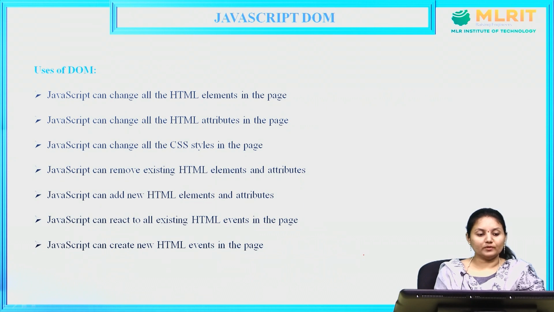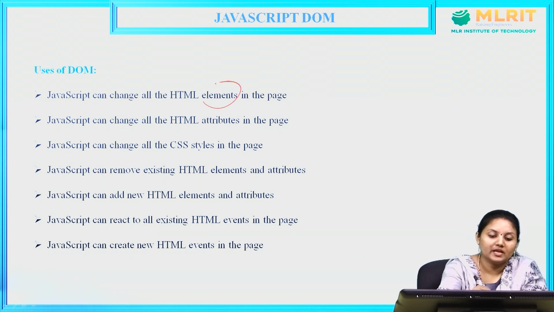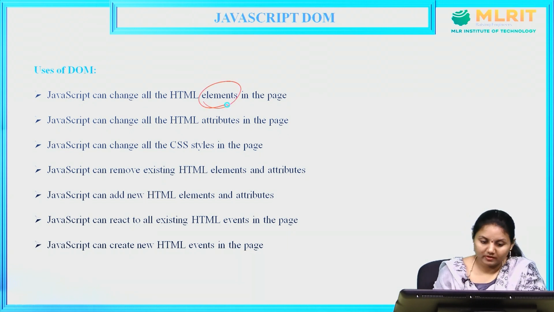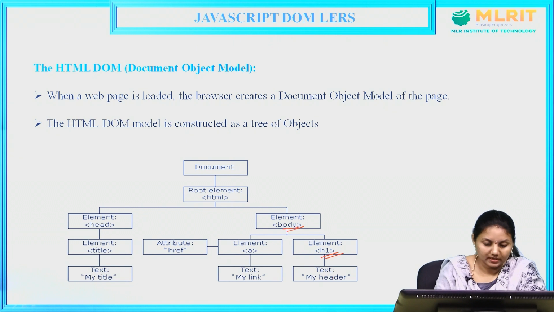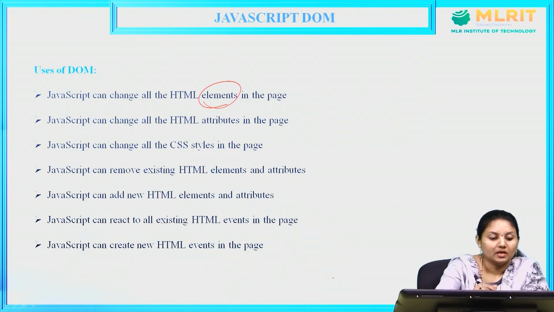Now, uses of DOM. JavaScript can change all the HTML elements in the page. HTML elements means, for example, body can be changed, H1 can be changed, and like that it will change the elements. Then it can change the HTML attributes.